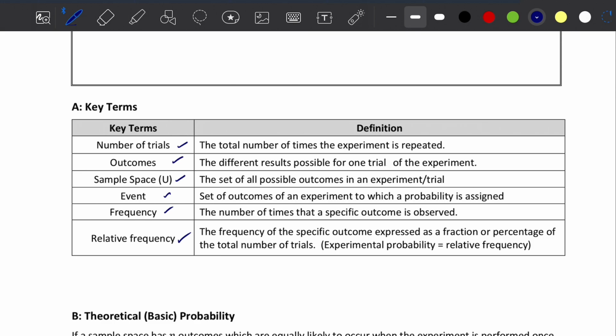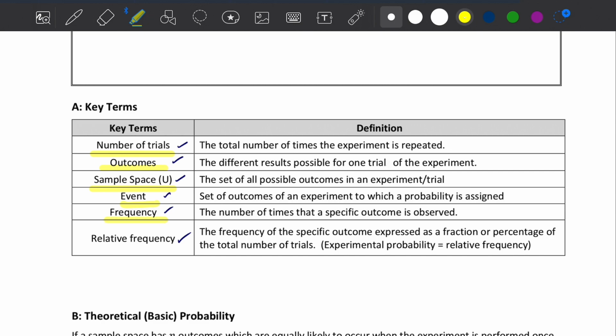Okay, number of trials: the total number of times the experiment is repeated. The outcome means the different results possible for one trial of the experiment. Sample space means the set of all possible outcomes in an experiment or trial. Event means a set of outcomes of an experiment to which a probability is assigned.